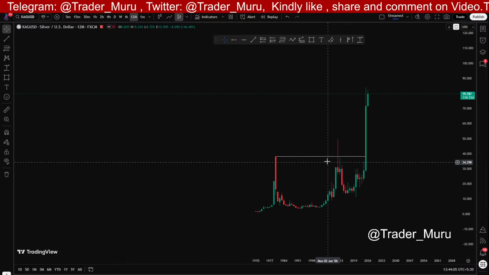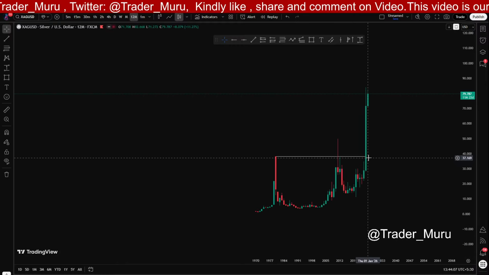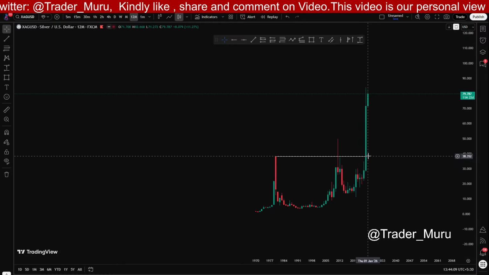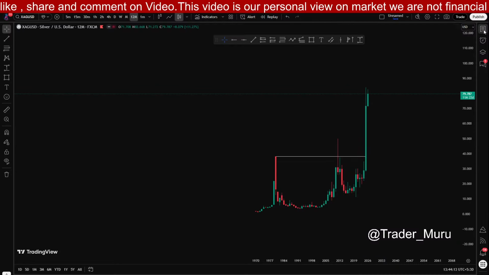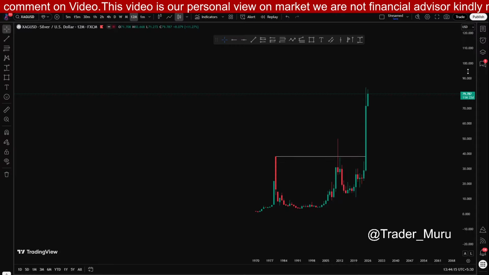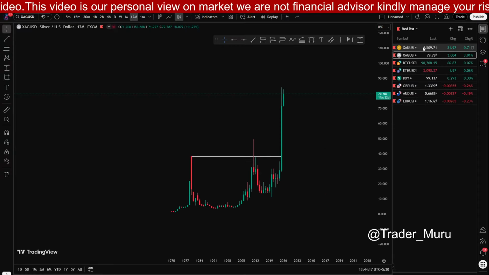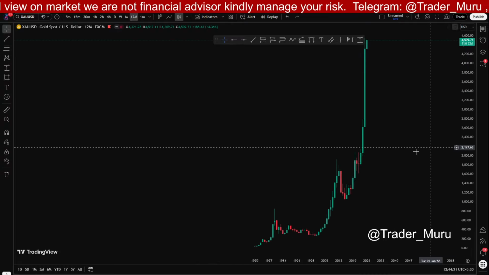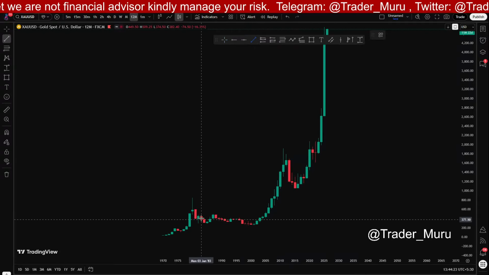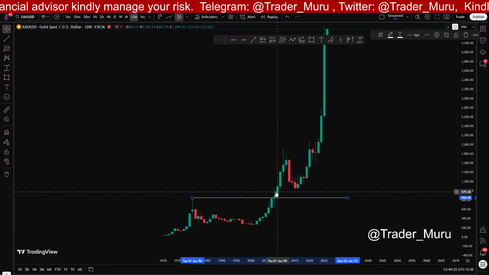So imagine if you have a spring and you are compressing it to its highest pressure and then you release, where will it go? If you see this in gold, then silver is here, somewhere here.